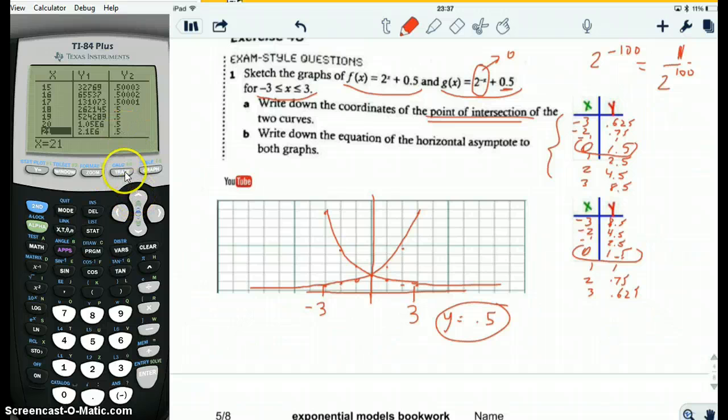And let's check this function. We're going to go up, up, up until we get to where this function becomes a certain number. Let's see, 0.625, 0.56, 0.53, 0.51, 0.50. Hey, it's getting smaller, but it just keeps getting close to 0.5.